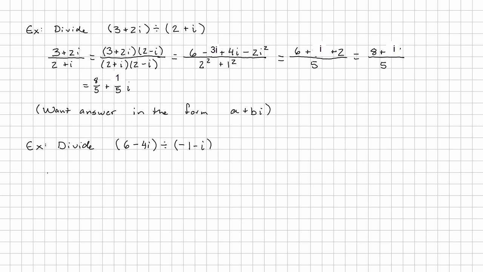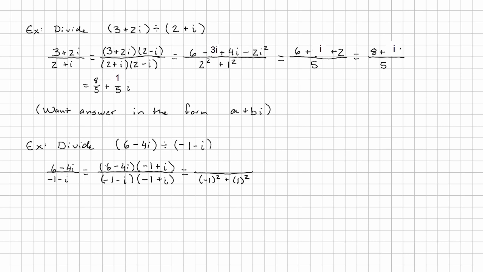Okay, so we begin by writing this in fraction notation. Now we multiply the numerator and denominator by the same thing, and what we want to multiply by is the conjugate of the denominator. So we leave the -1 alone. Minus i becomes plus i. Whatever we multiplied the denominator by, we multiply the numerator by the same thing. So in the denominator, we'll have -1 squared plus 1 squared.